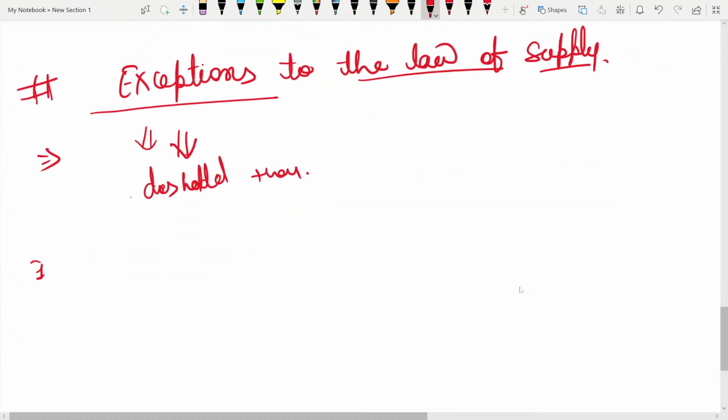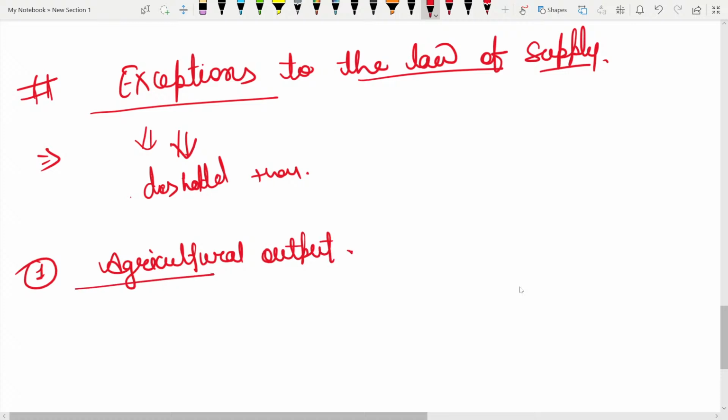Okay. Number one, agricultural output. How can we say that agricultural output is the first exception? The law of supply does not apply strictly to agricultural output, as it is governed by natural factors.